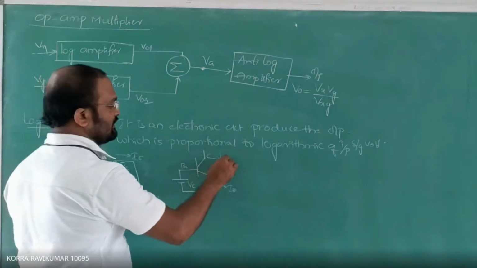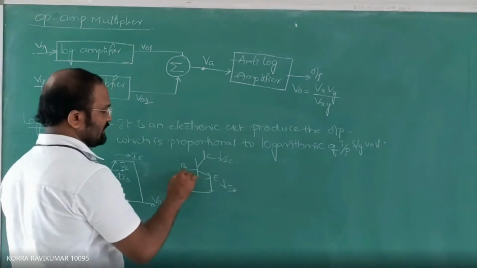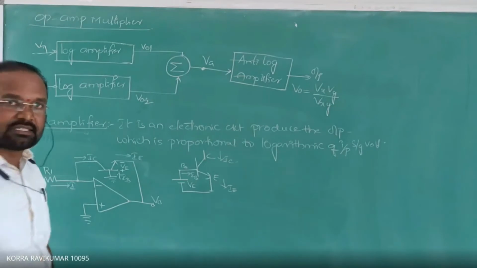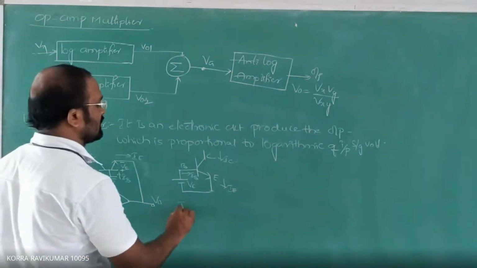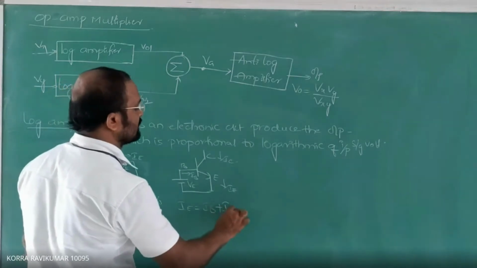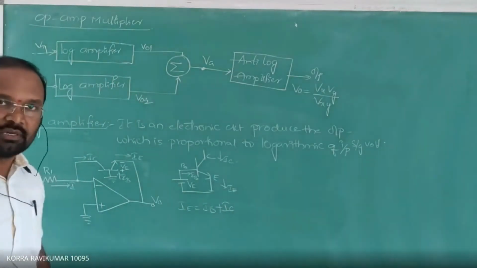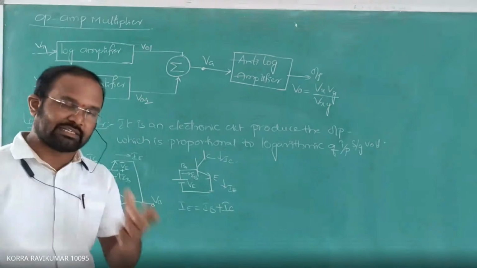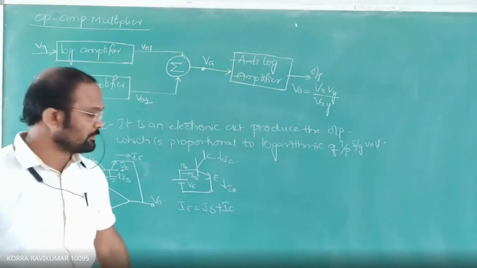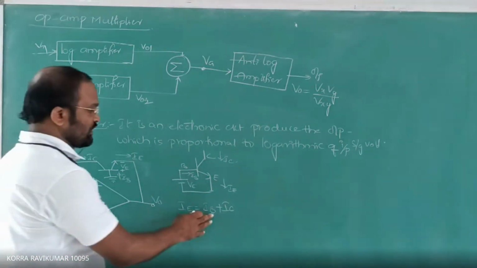The collector current is IC and the base current is IB. Then IE equals IB plus IC. I'm not explaining anything new, just reminding you of your transistor concepts.